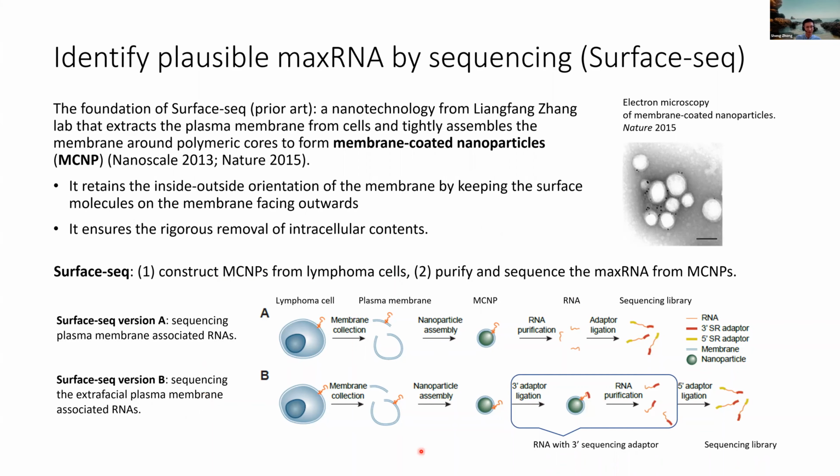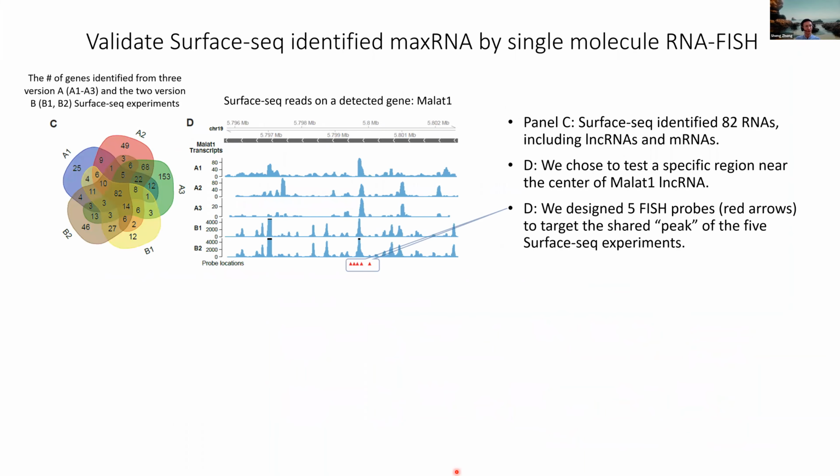So applying these two variations of surface-seq to lymphoma cells with different repeats, we identified 92 non-coding RNAs that consistently reappeared in every one of our biological repeats. The MALAT1 gene and MALAT1 RNA is one of these candidate surface RNAs.